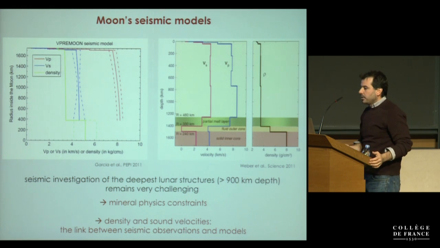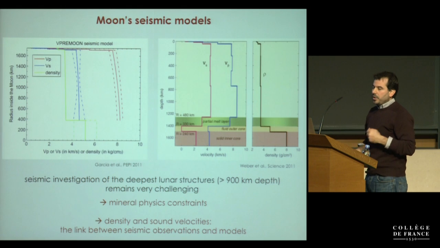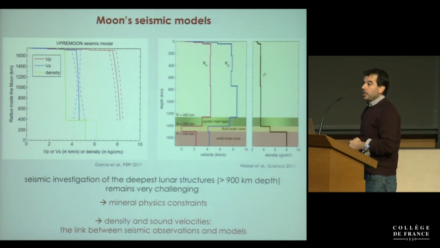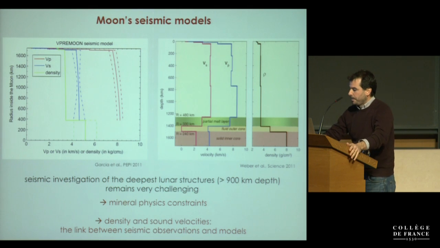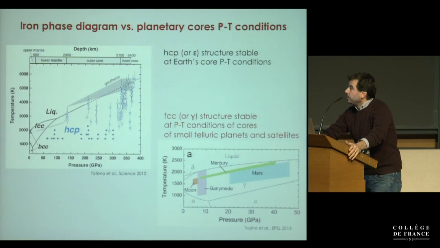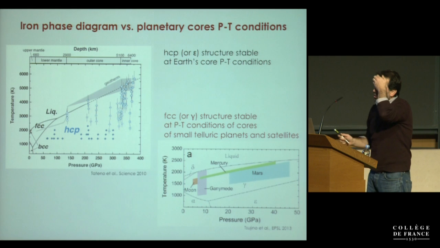On a general ground, the link between seismic observation and geophysical model is provided by experimental calculation, probing density and velocity of candidate materials at pertinent pressure and temperature conditions. So, the iron and iron alloy phase diagram.